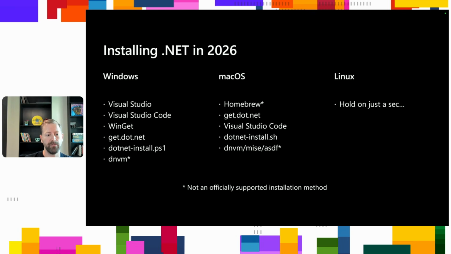Some of the most common of these include the actual .NET website, which is get.net, which is one of my favorite things to say. We have a set of install scripts for PowerShell and various POSIX shells that people often use to manage their CLI and SDK installations.